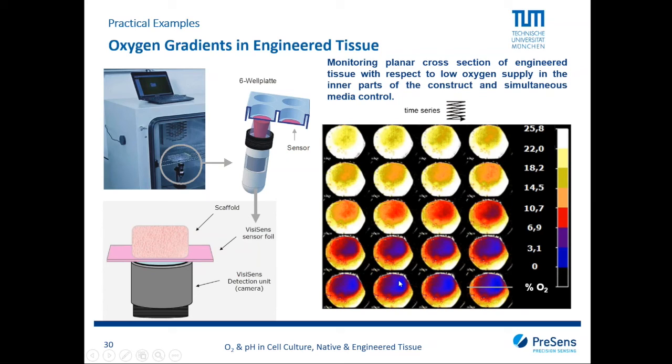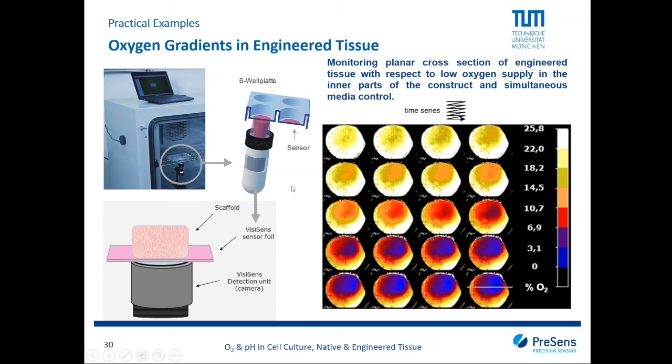But what information you still get from the oxygen image is the media oxygenation, so you can survey the media oxygenation over time during the growth process. You can also survey the hypoxic inner part and the generation of that. And you see these gradients from the media oxygenation over the walls of the scaffold towards the inner hypoxic core.